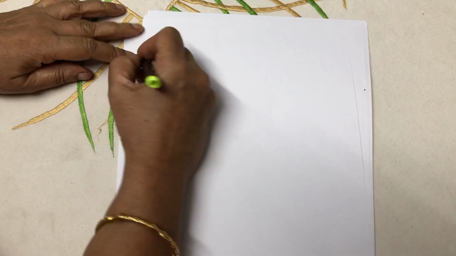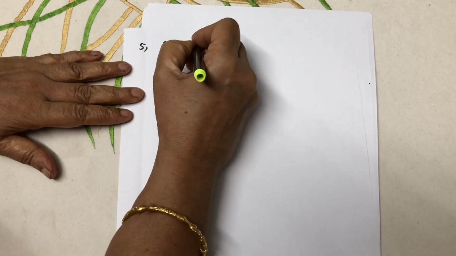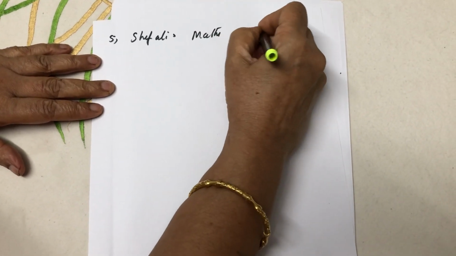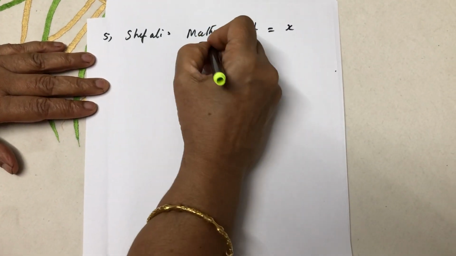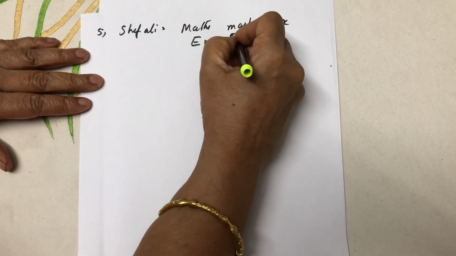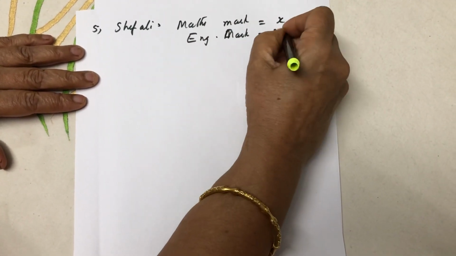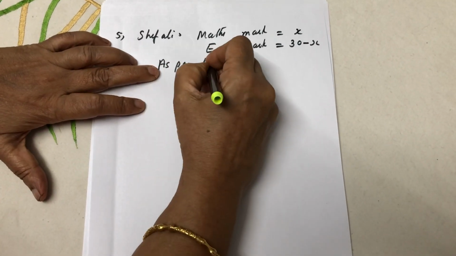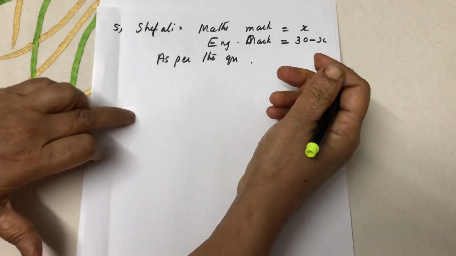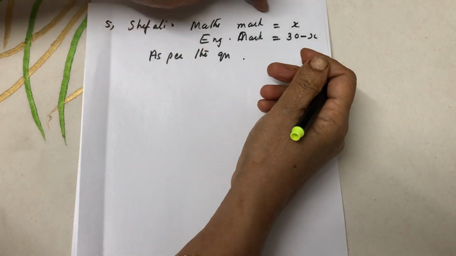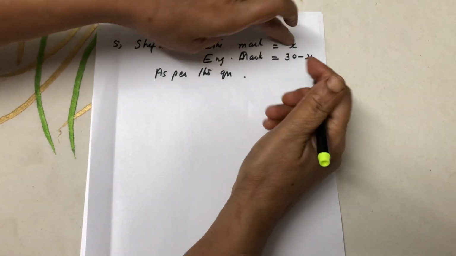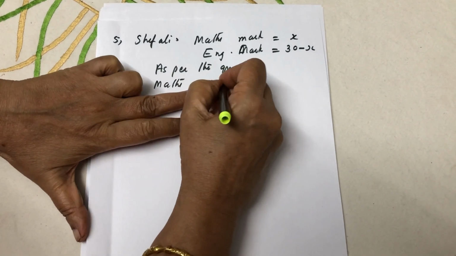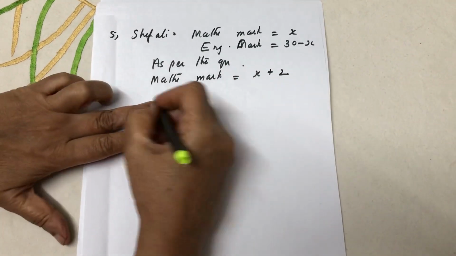So question number 5, Shefali's maths mark. You take it as x. Then what is the English mark? Total is 30, so 30 minus x. So as per the question, it is given that her mathematics mark is becoming 2 marks more, so maths mark is x plus 2.